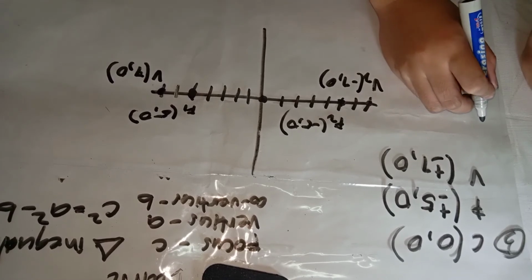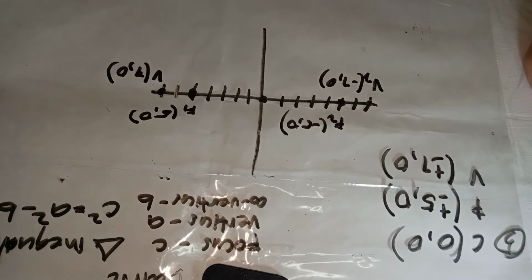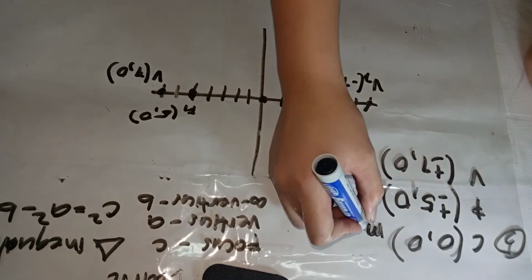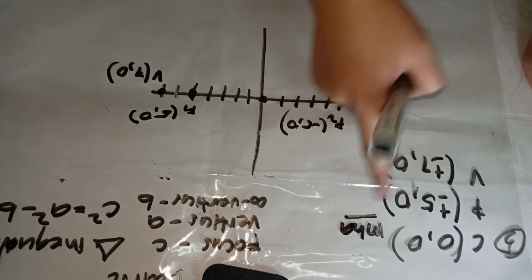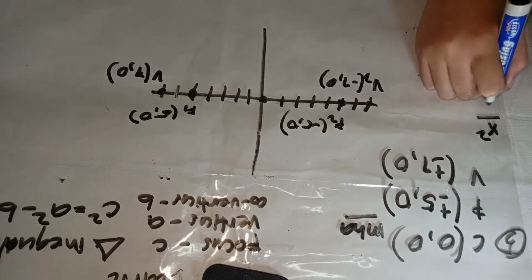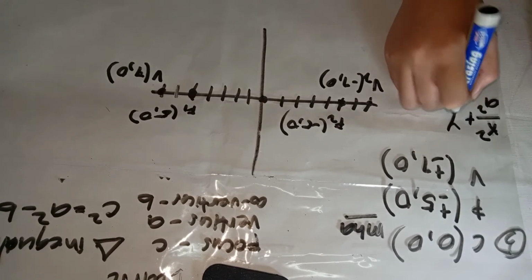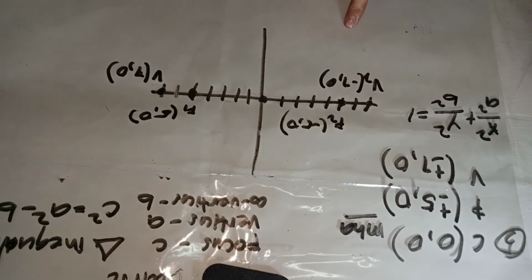Diba yung formula natin is, since it is a horizontal, MHA, or major horizontal axis, therefore our formula is x squared over a squared plus y squared over b squared is equals to 1. Okay?